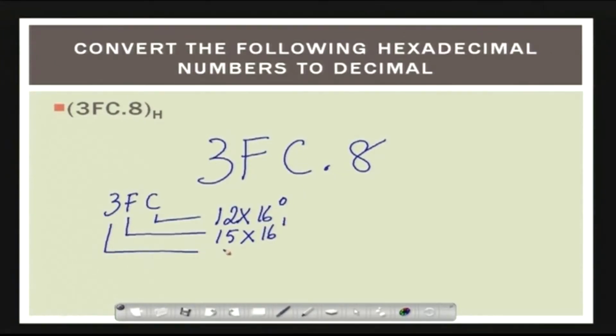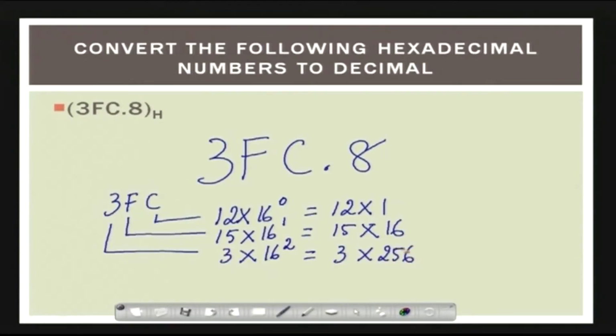The weight of 3 is 16 power 2. So the first term is 12 into 1, then 15 into 16, and the 3 is multiplied with 256.